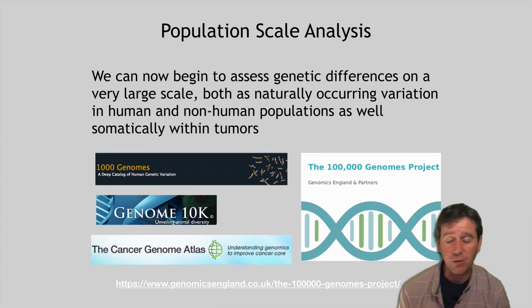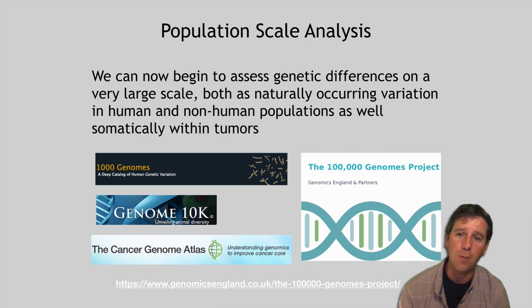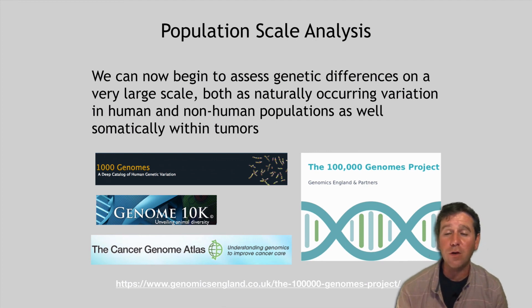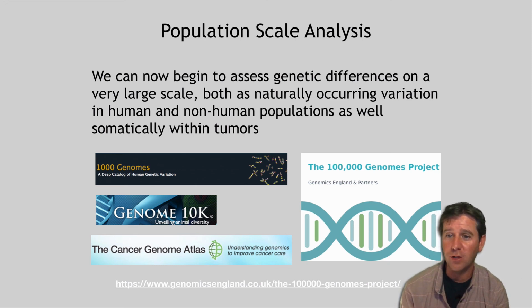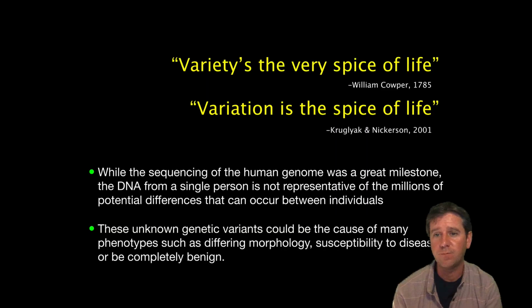What's somatically within tumors is a classic example where this has really changed the game. Tumors are no longer classified solely based on the site of origin, but on their genomic features. What are the mutations that are present in these tumors, driving them, and potentially druggable? This is a real game changer in this field.